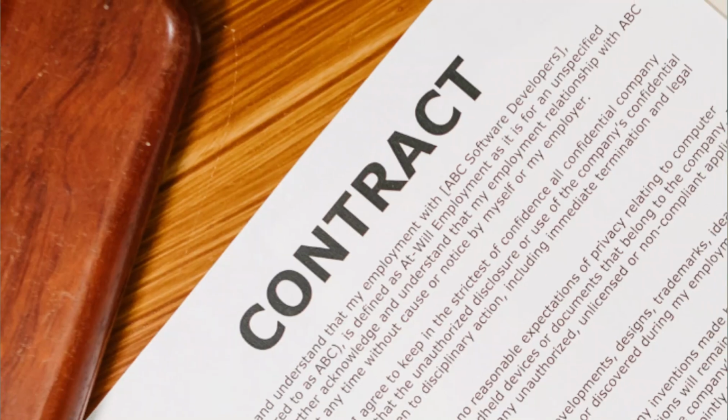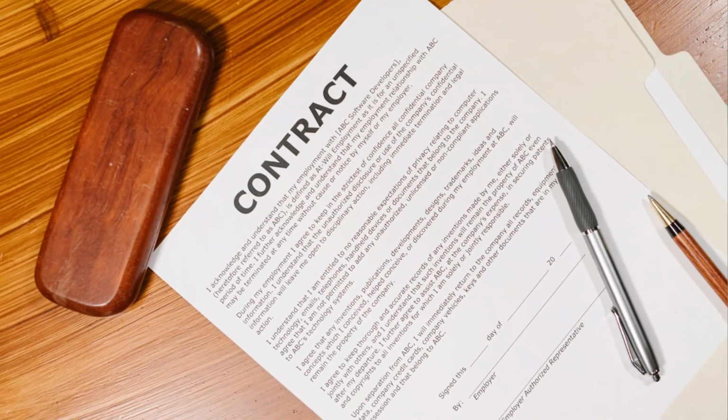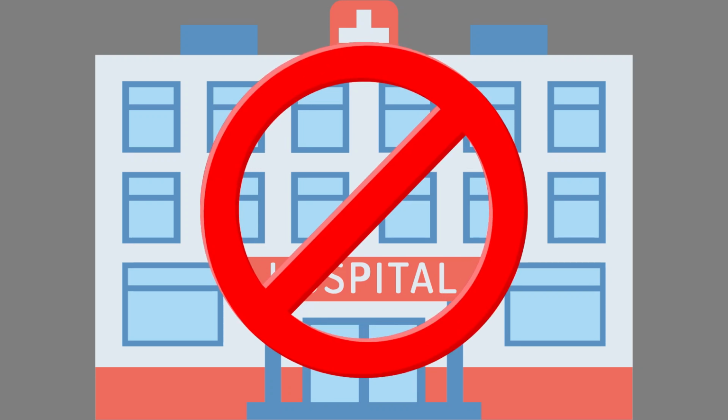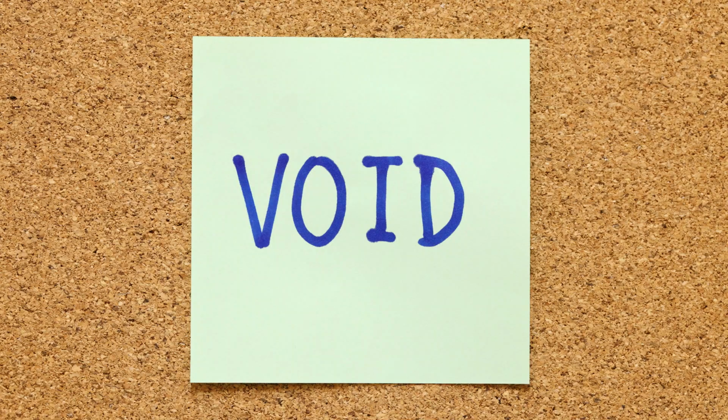So you have taken up that policy. Later on you came to know there is no hospital at that place. So the subject matter is missing for which the contract has been created. So these kinds of contracts are void.